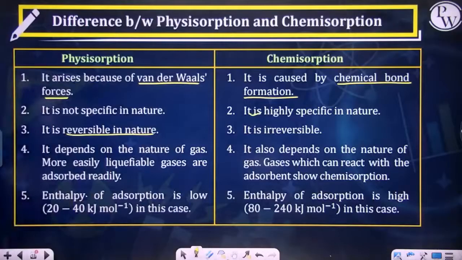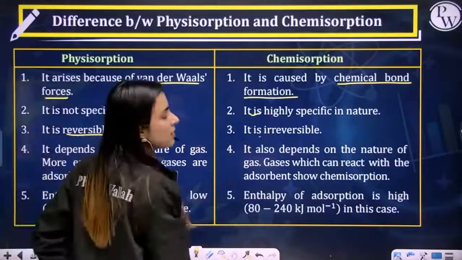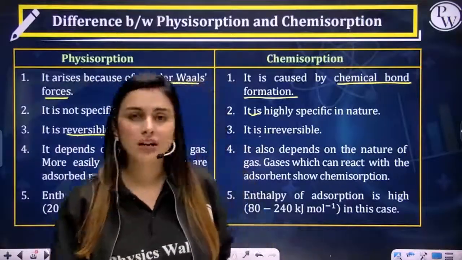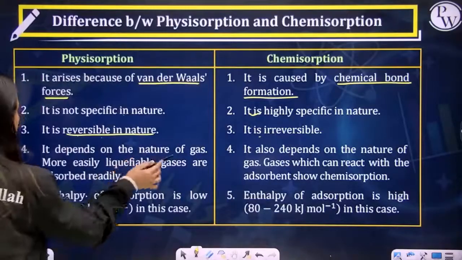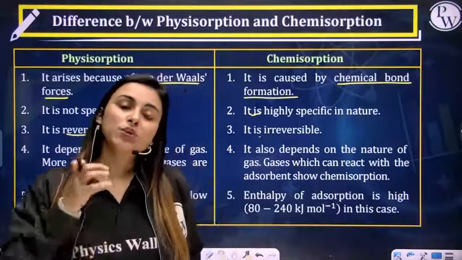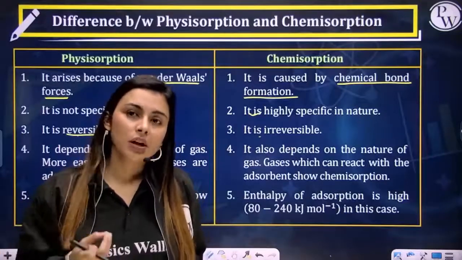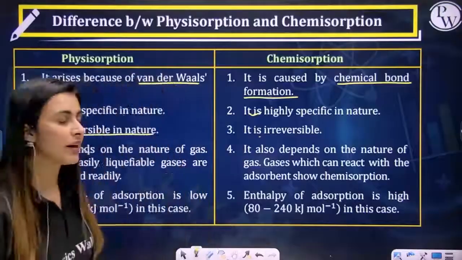Let's talk about the other point. You will get time for everything. So physisorption is not specific in nature, while chemisorption is highly specific. Physisorption is reversible in nature, while chemisorption is irreversible in nature. Next, it depends on the nature of the gas. Obviously, it depends on the nature of the gas. The gas which has a higher critical temperature will be easily liquefied, so it will be easily adsorbed.